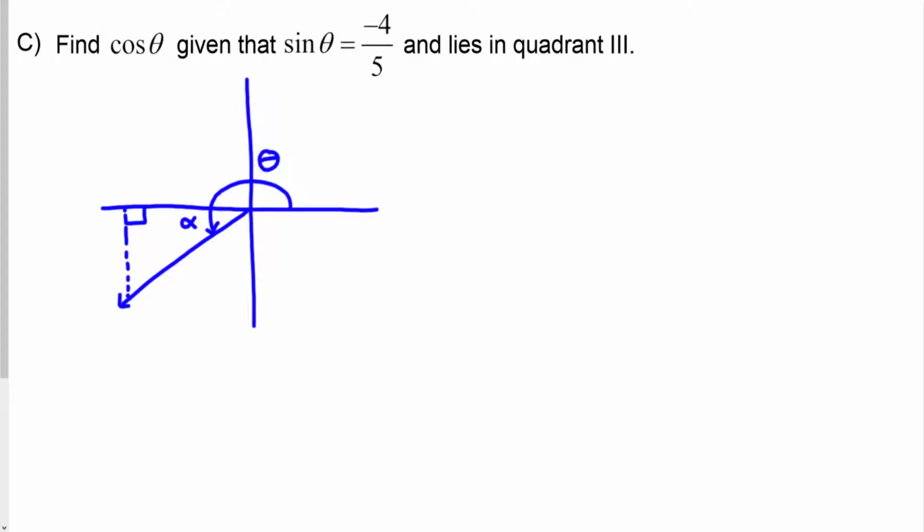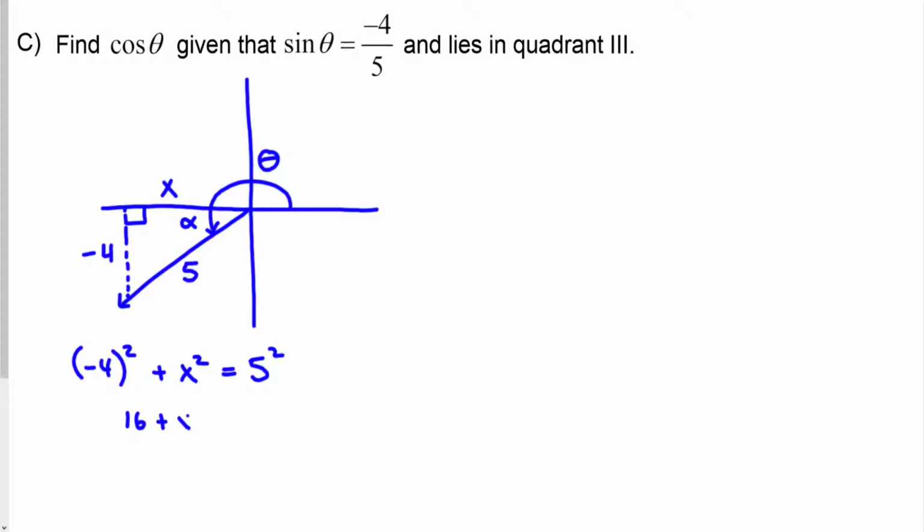And if sine is -4/5, sine is that relationship of opposite over hypotenuse. So I know those two sides of the triangle. If I want to figure out what cosine is, I need to figure out x. Well, I could use the Pythagorean theorem and say -4 squared plus x squared equals 5 squared.